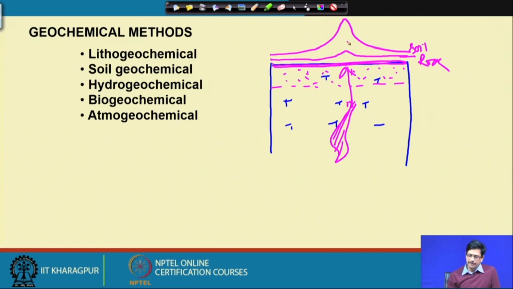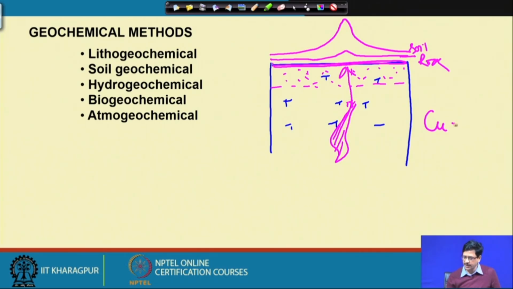And if we visualize this diagram, with conditions remaining the same, suppose this is an ore body where the copper concentration is, say, in the first case, covered by the same material, either rock or soil.